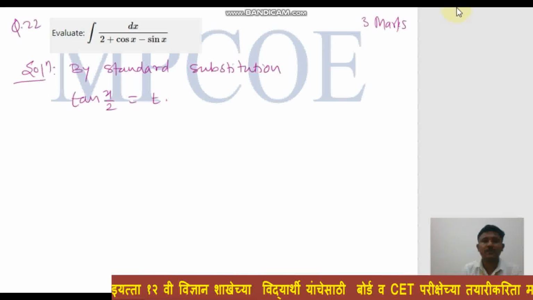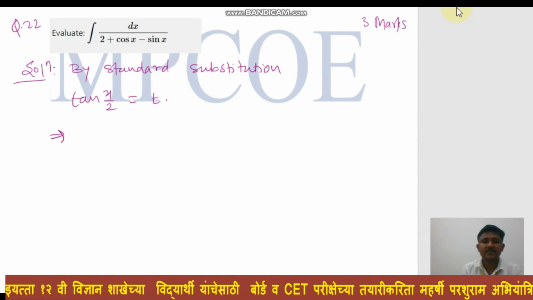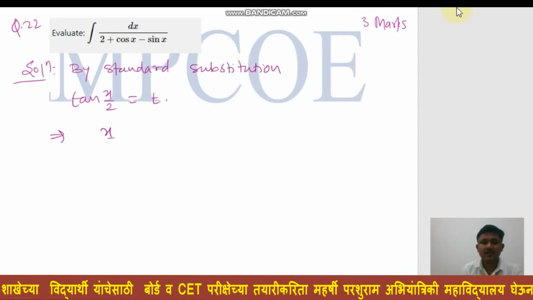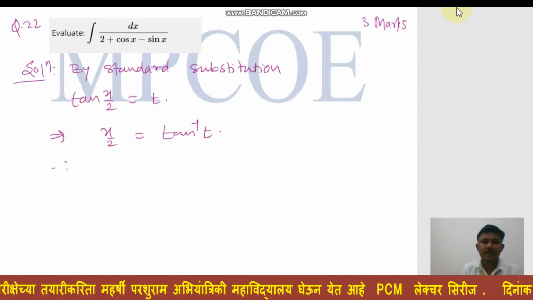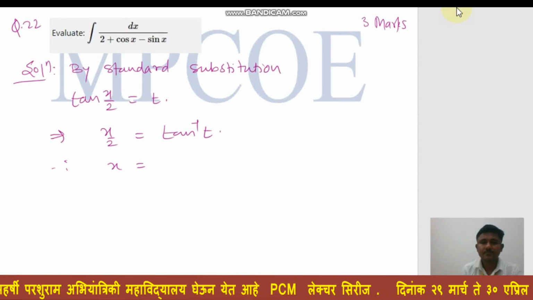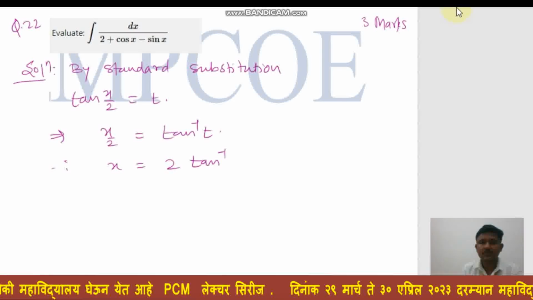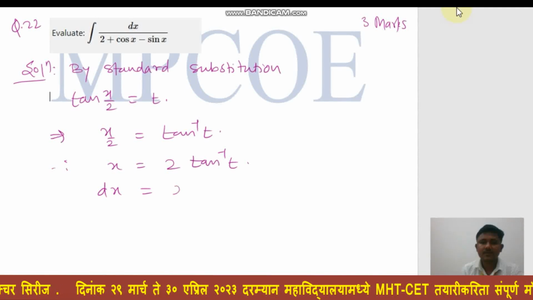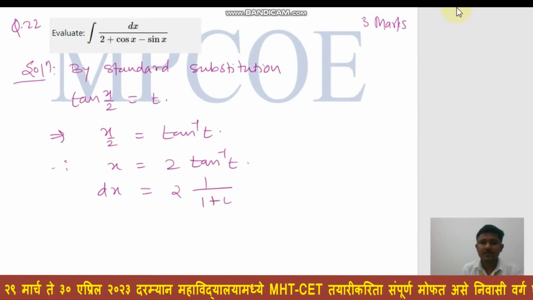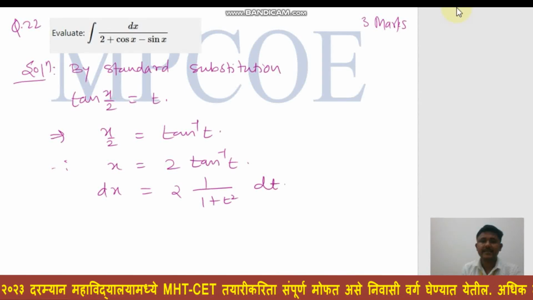That means x by 2 will be tan inverse t, therefore x will be 2 times tan inverse t, so dx will be 2 times 1 upon 1 plus t square into dt.